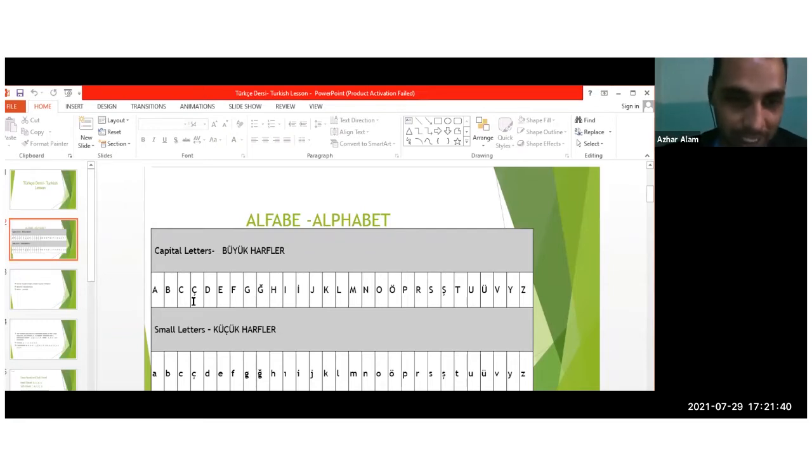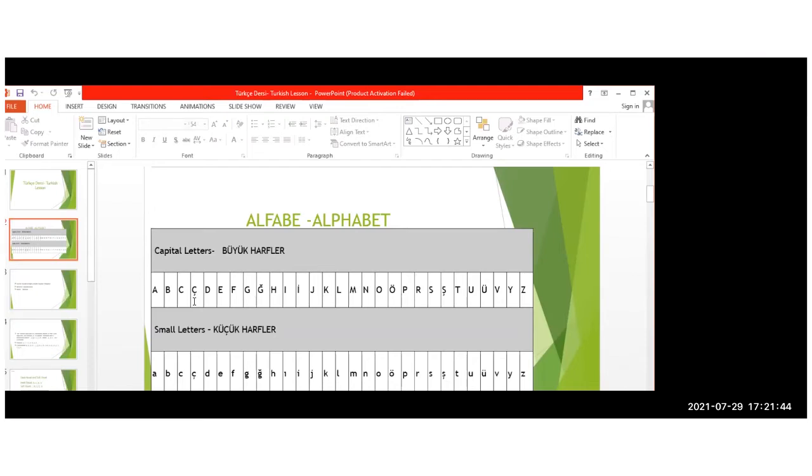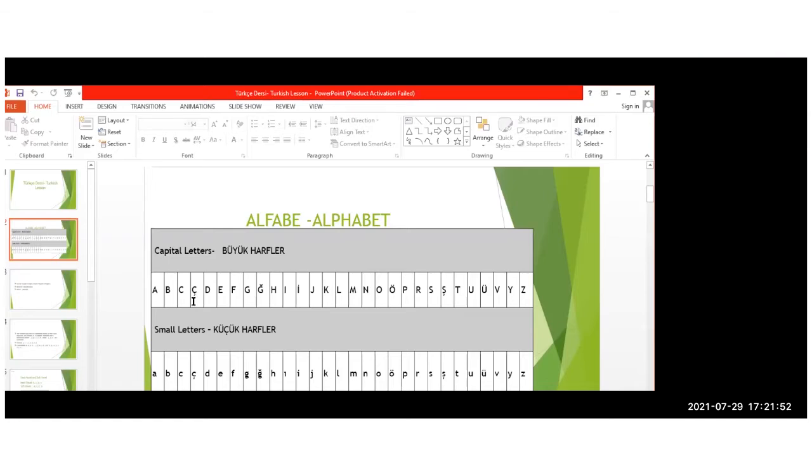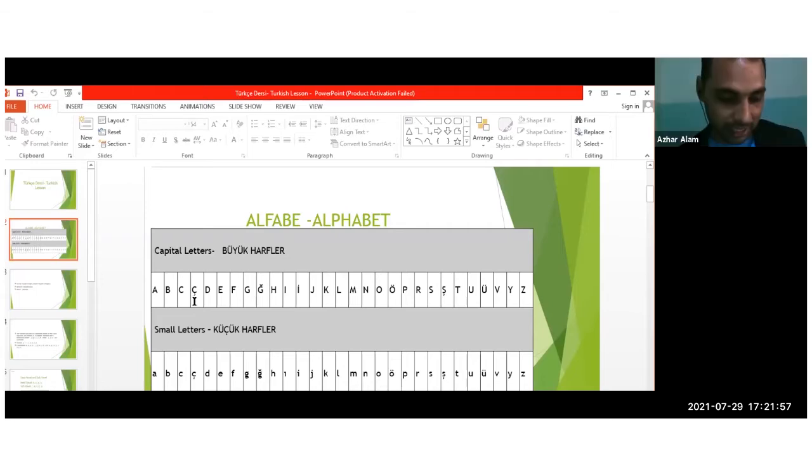If we have to write Chhattisgarh, we use this letter in Turkish, or we have to write like Chanchal. Chanchal can also be written with this letter. So this letter is Che, C-H-E.